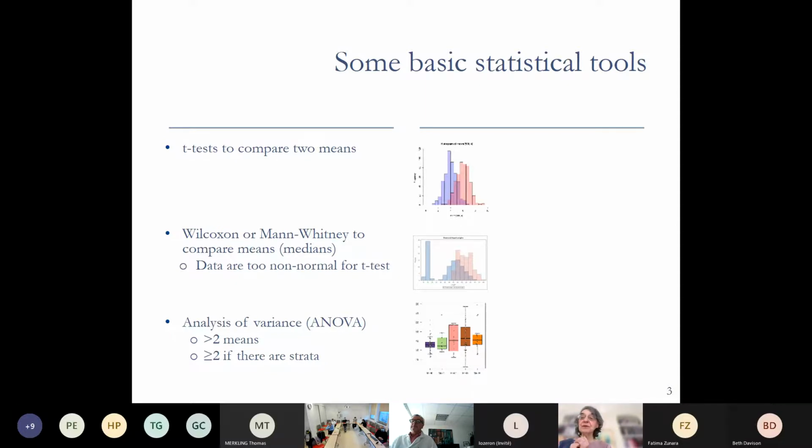So that's that second bullet. Or if you have at least two groups, but you have strata, you can use analysis of variance. So those are some of the very basic tools. Next slide, please.